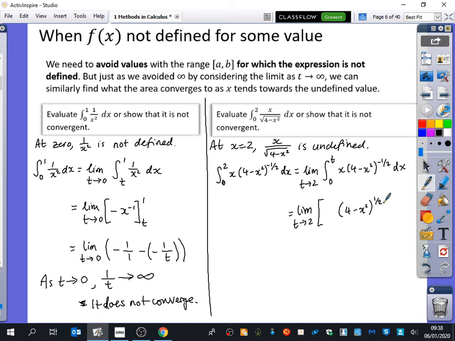And now we just need to scale it to the correct kind of thing, okay? If we were to differentiate this, you would bring the power down, which is a half, times the derivative, which is minus 2. So you've got a half times minus 2, it's got minus x. So you have to times it by a minus. And that's between 0 and t, and the limits.